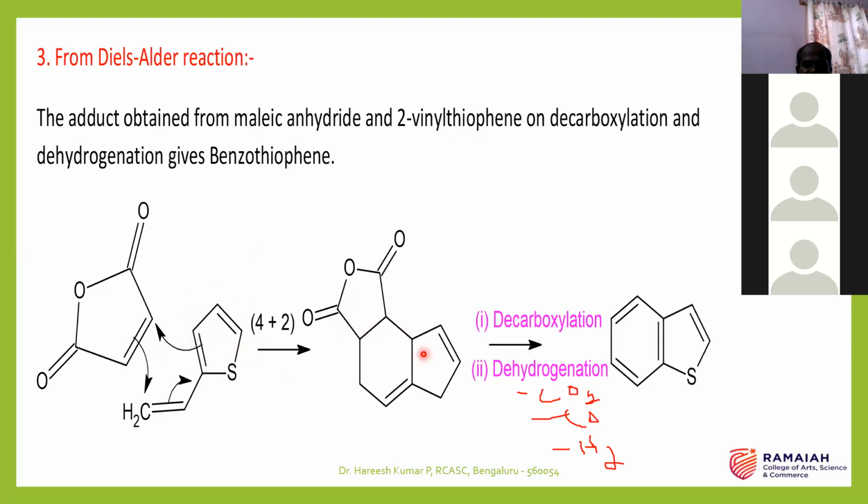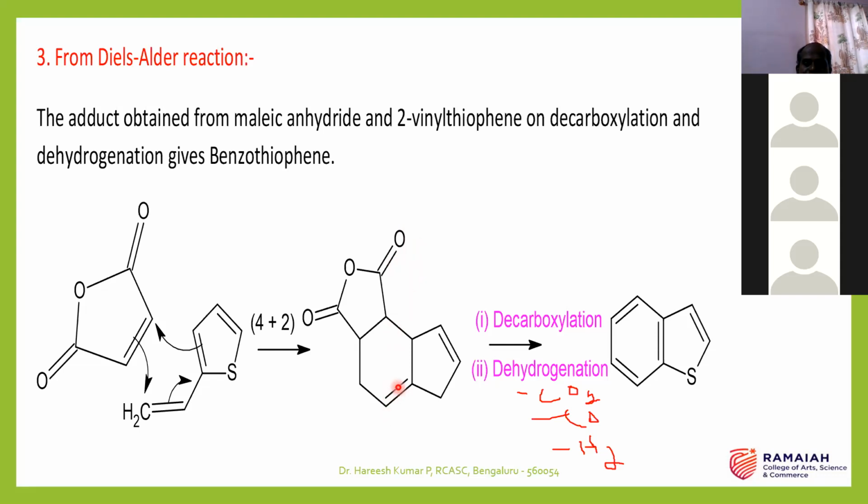How can you identify the endo product? In the endo product, this carbonyl group has a bonded pair, and the lone pairs present on the oxygens are non-bonded. Endo product means there will be interaction between the bonded and non-bonded electrons with the pi bond.